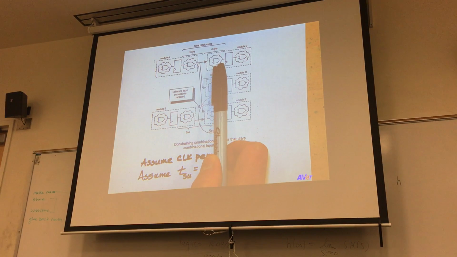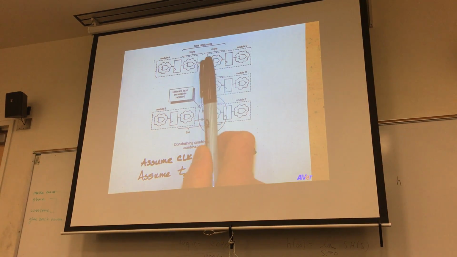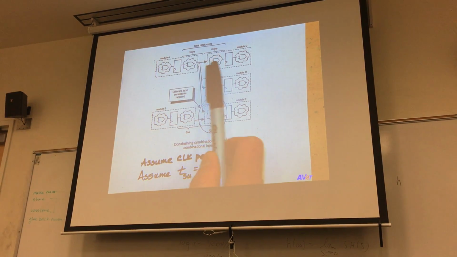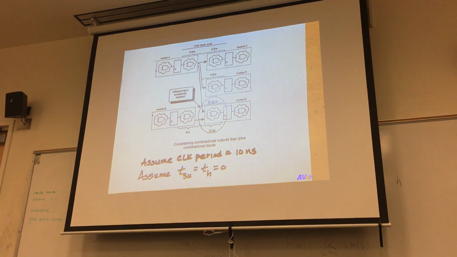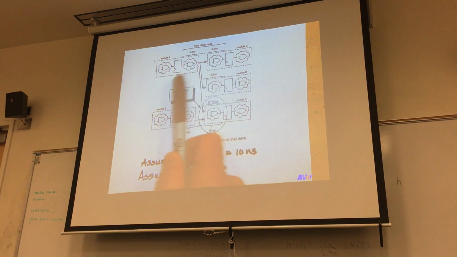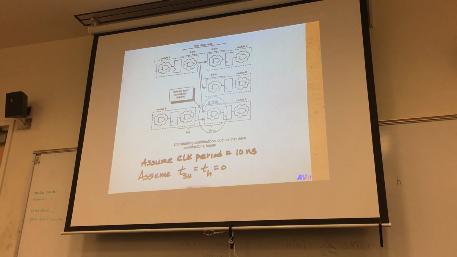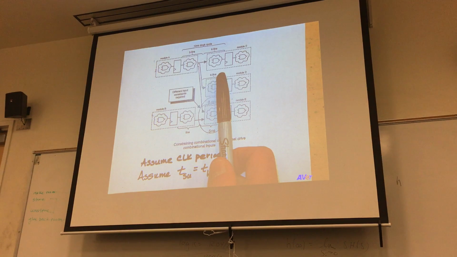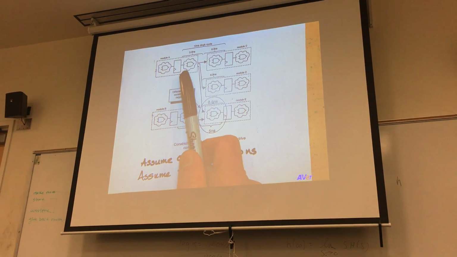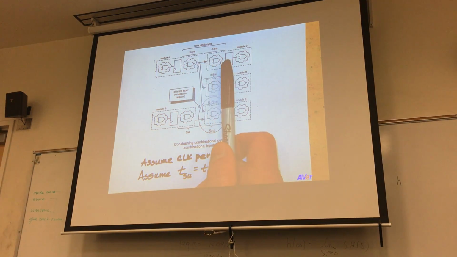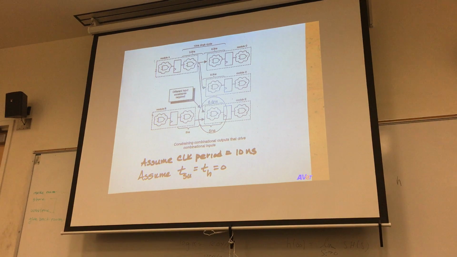This output feeds into module C, and this input logic has a 6.5 nanosecond propagation delay. So if these are clocked at the same time, and I assume the setup and hold times are 0, then I can clock these at 10 nanoseconds. And you can see that the total propagation delay between the output of this register and the input of this register is 10 nanoseconds. Not a problem.